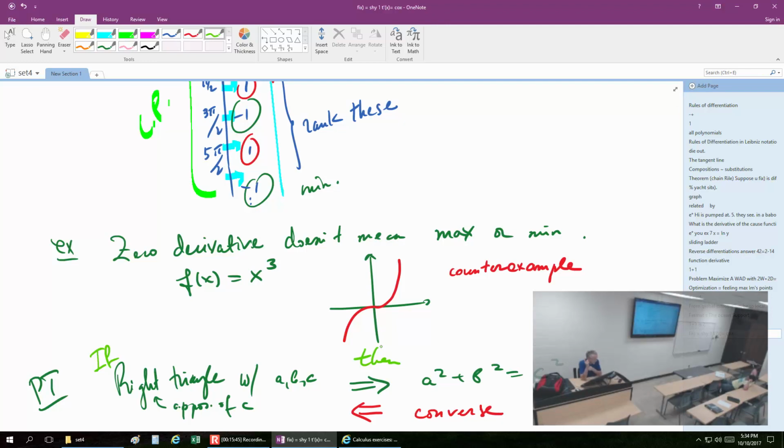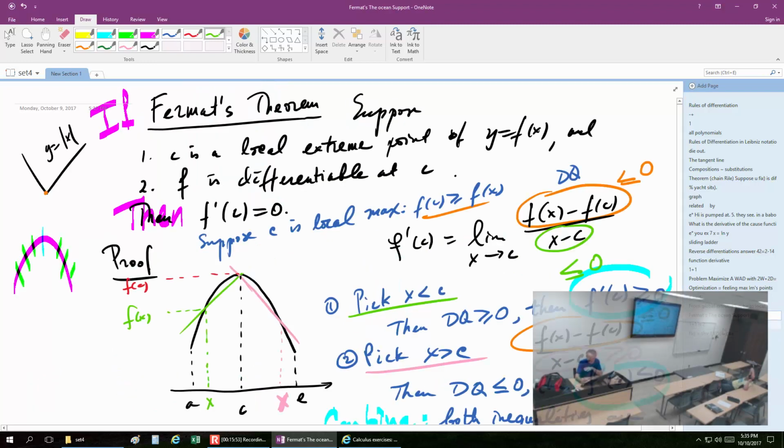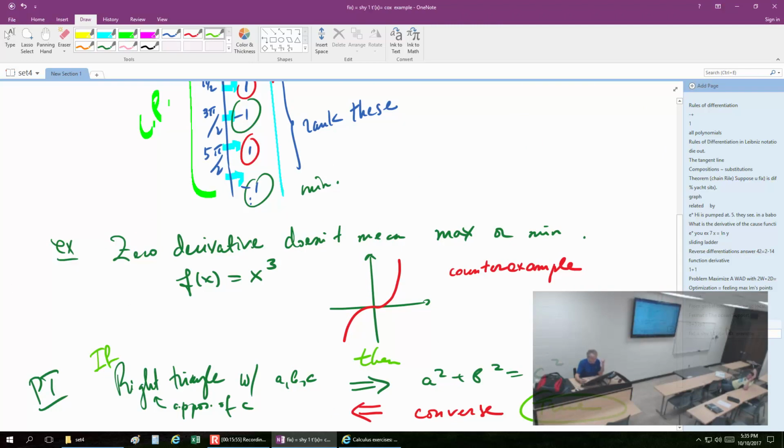So the converse is true for the Pythagorean theorem, but not for Fermat's theorem. The function that we're looking at, the counterexample, indicates that the converse of Fermat's theorem is not true.